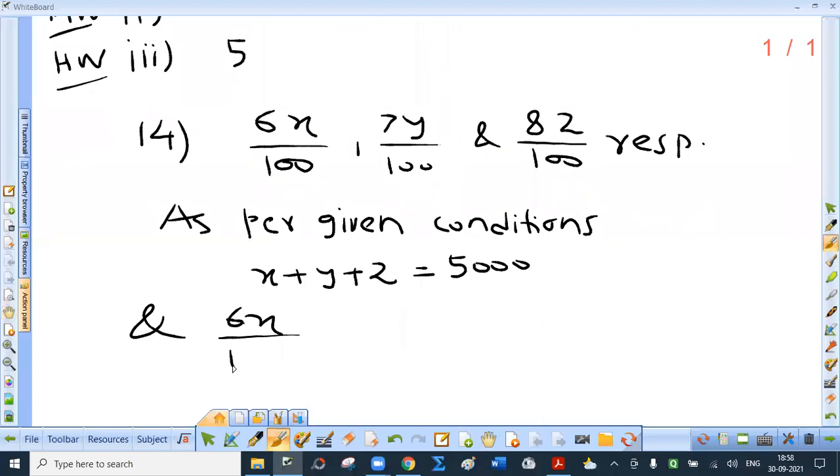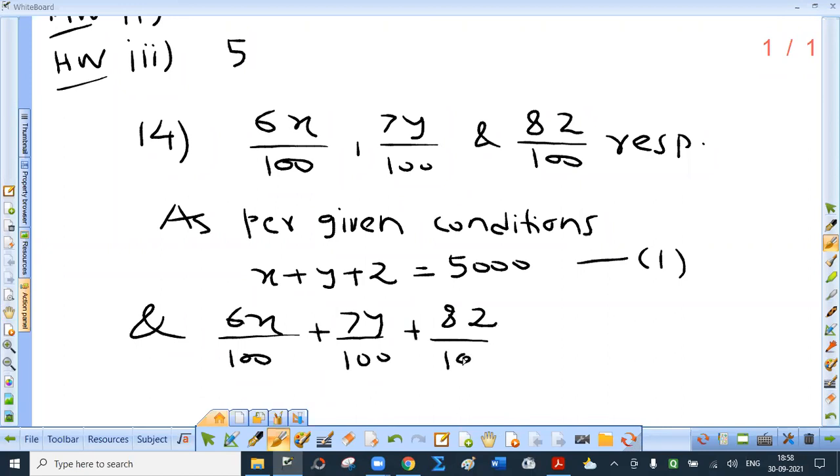Let it be equation 1. 6x upon 100 plus 7y upon 100 plus 8z upon 100 equal to 350.